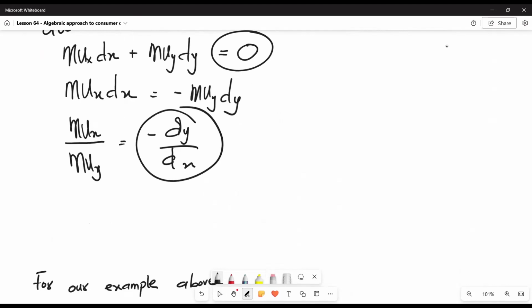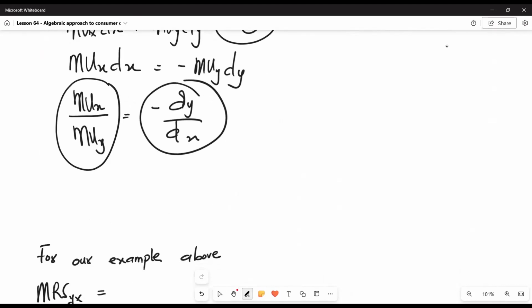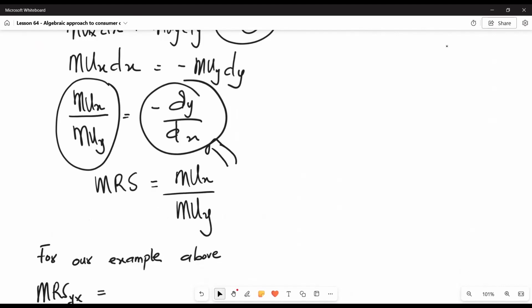Now, this simply represents the negative of the slope of the indifference curve, which is the marginal rate of substitution. We know from our previous lesson that the ratio of the two marginal utilities is equal to the marginal rate of substitution. So if we rewrite this, we have marginal rate of substitution being equal to marginal utility of x over marginal utility of y. And this is what we have shown mathematically here.